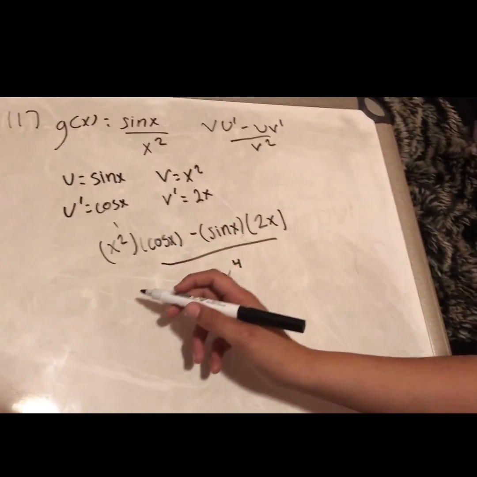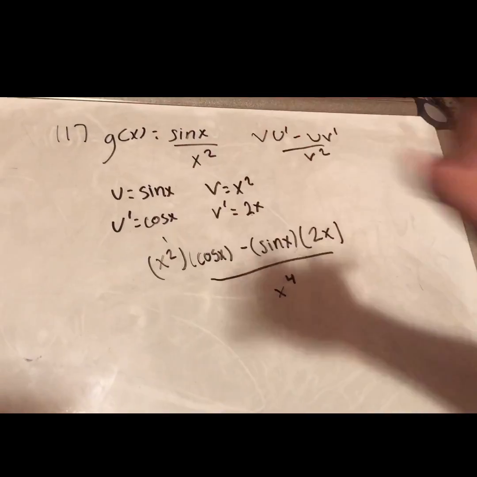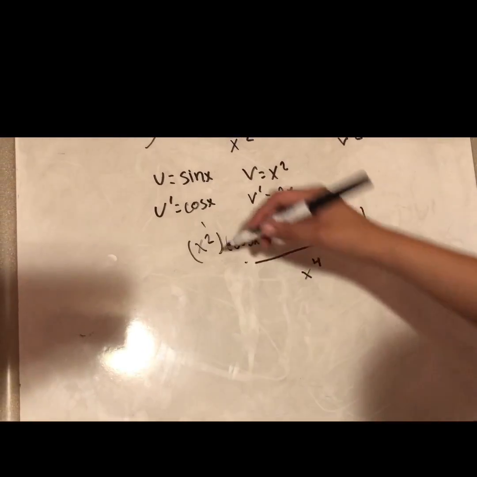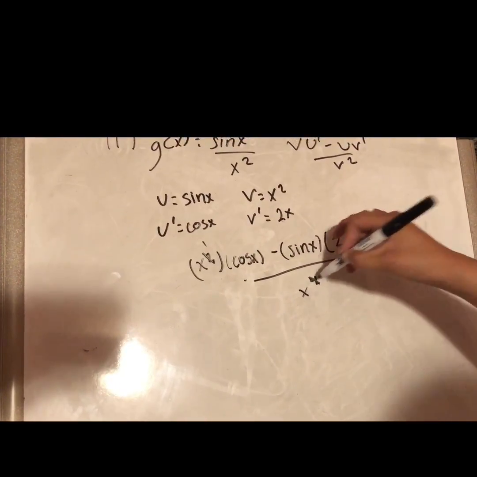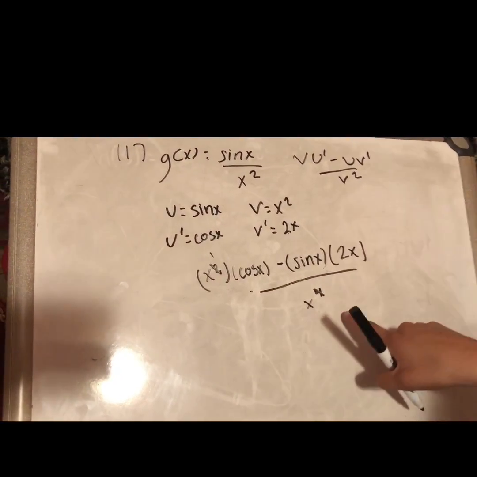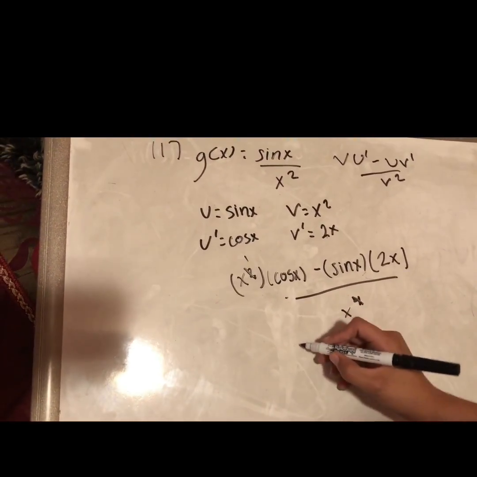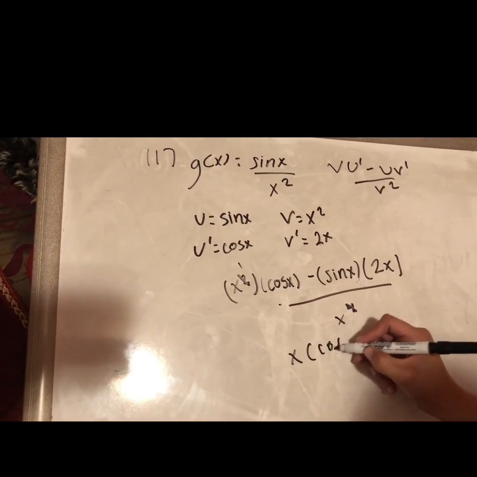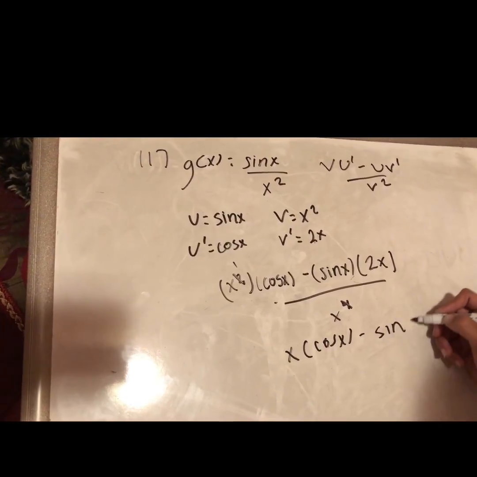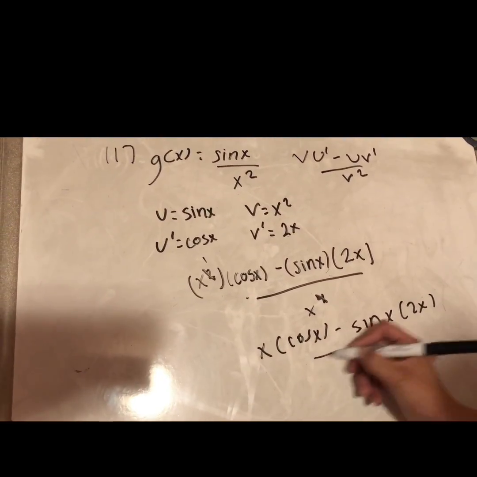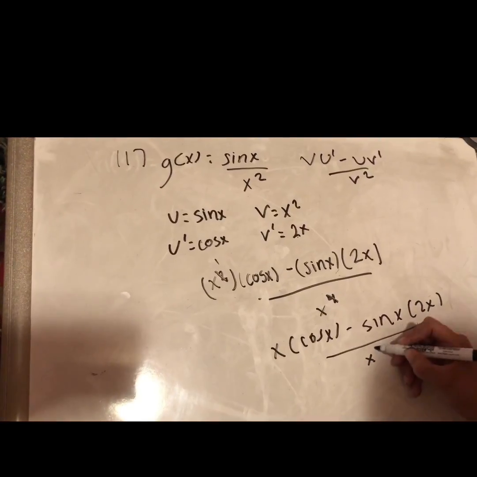So now you can take out the x, and it would be x cosine x minus sine x 2x all over x cubed.